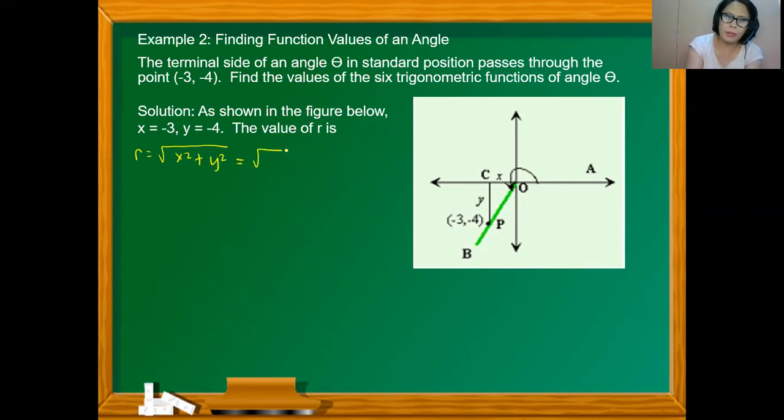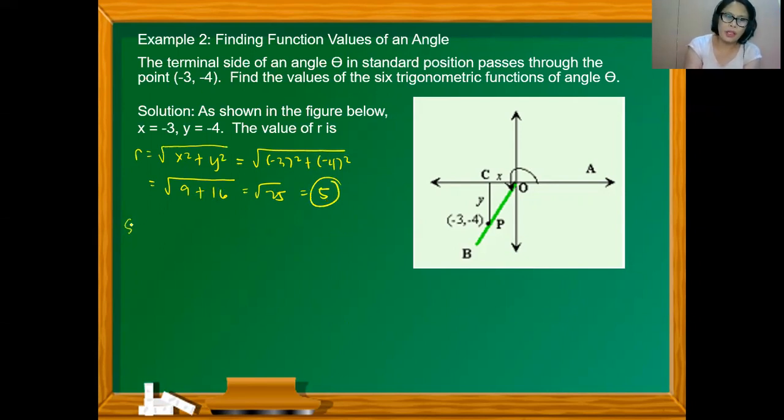So we have the square root of quantity -3 squared plus quantity -4 squared. So we have 9 plus 16. So this is 25. So this is 5. So r equals 5.